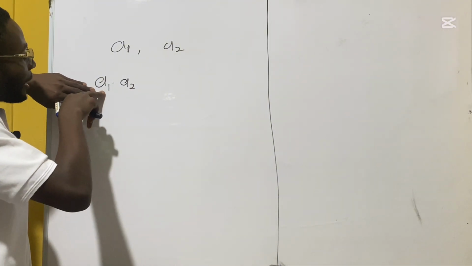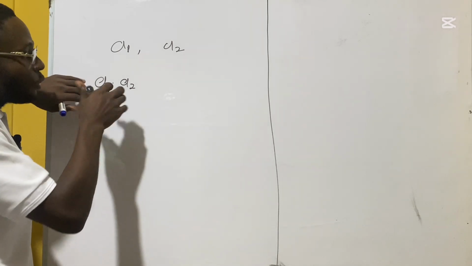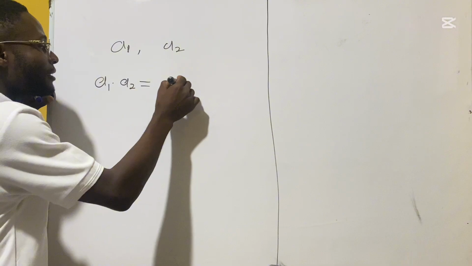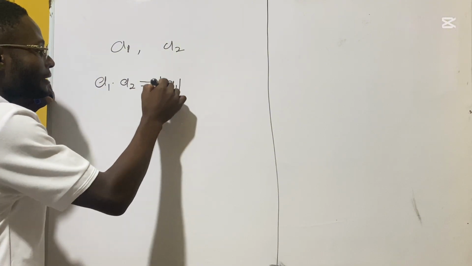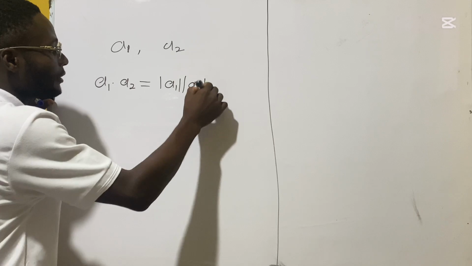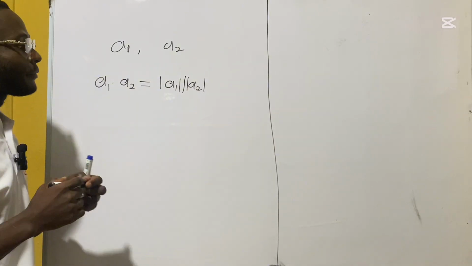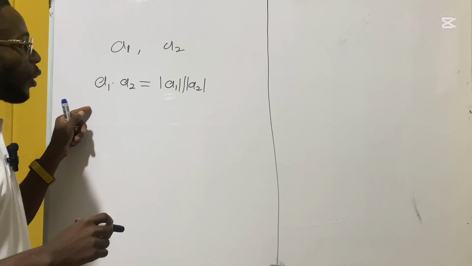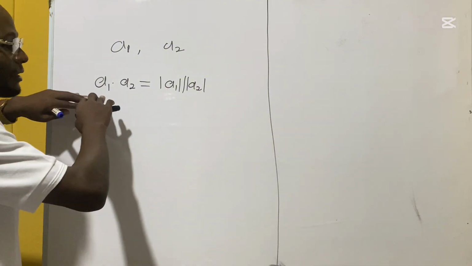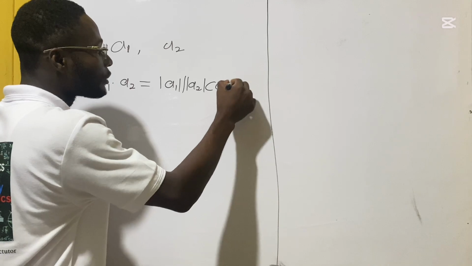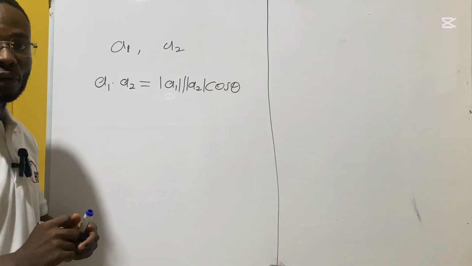The vectors have a common angle between them, called theta.